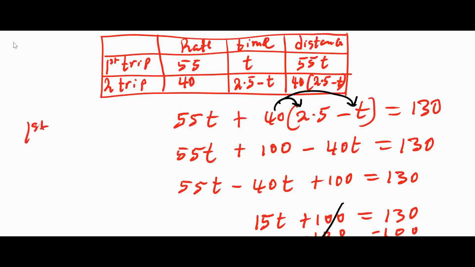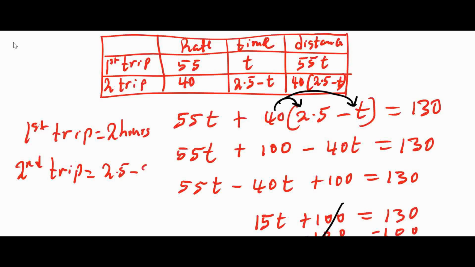So the first trip equals 2 hours, and the time spent at 40 miles per hour, which is the second trip, would be 2.5 minus 2, which equals 0.5 hour.